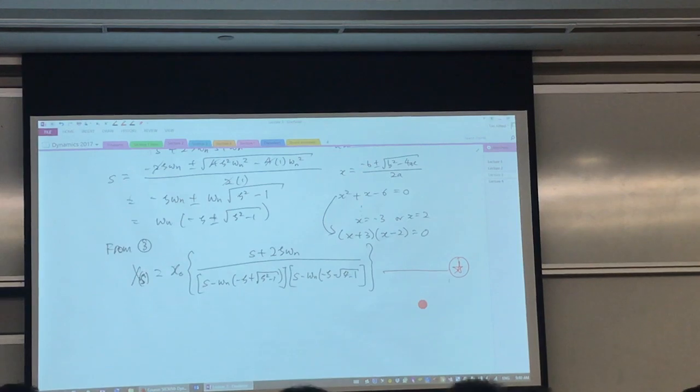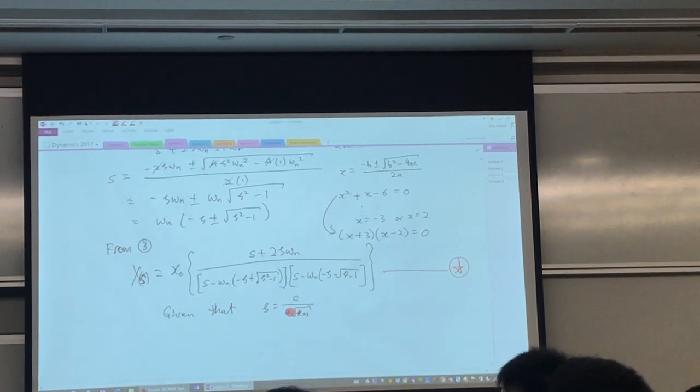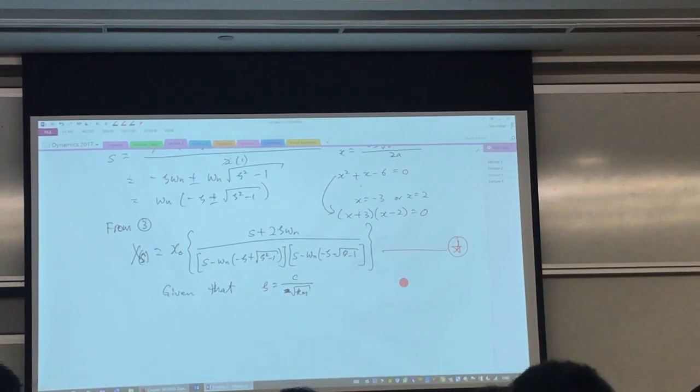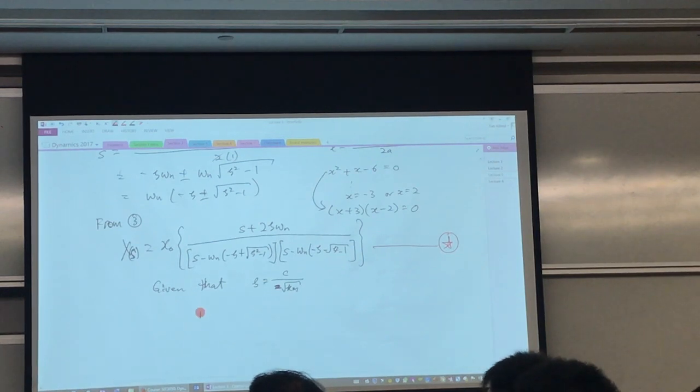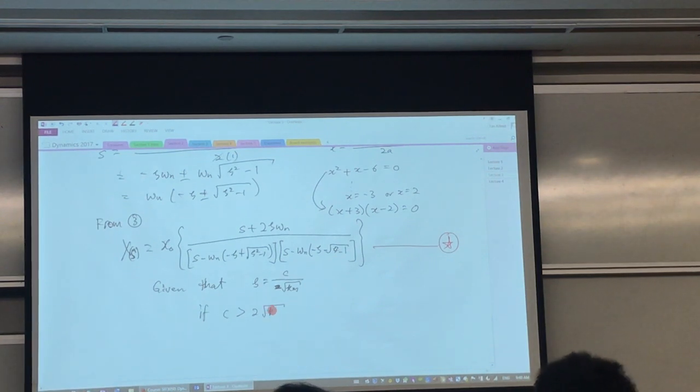So now that we have this denominator in this form, given what we saw before, zeta is equal to c over 2 square root km. That was when I was introducing what zeta is. Could you now see that if c is greater than 2 square root km, then zeta will be greater than 1?